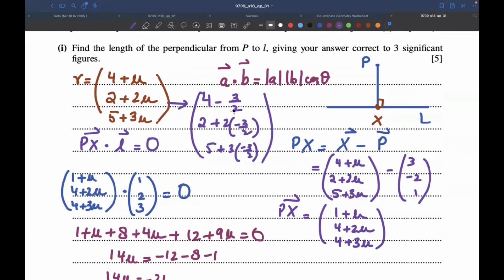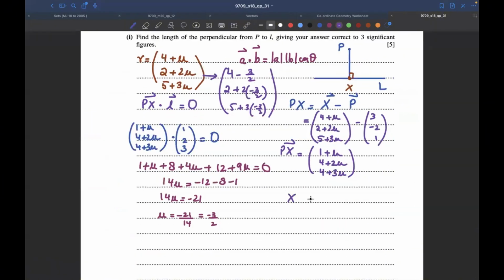Simplifying, 4 minus 3 upon 2 is 5 upon 2. The 2 and 2 cancel, so 2 minus 3 will be minus 1, and 5 minus 9 upon 2 will become 1 upon 2. Now we have the coordinates of X as well.